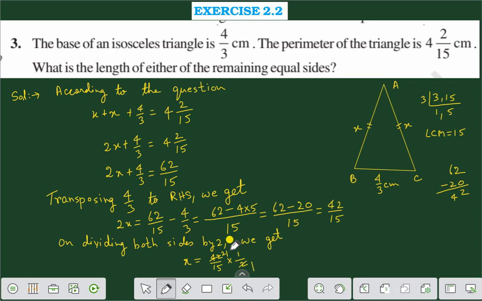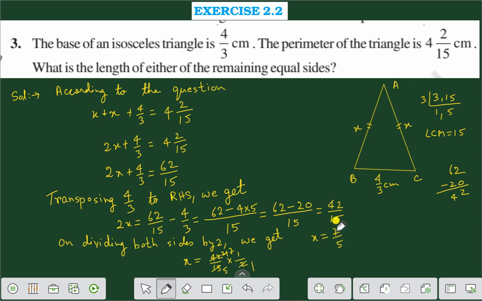You divide it again by 3, that is 3 times 5 is 15, and 3 times 7 is 21. So we are getting x is equal to 7/5.